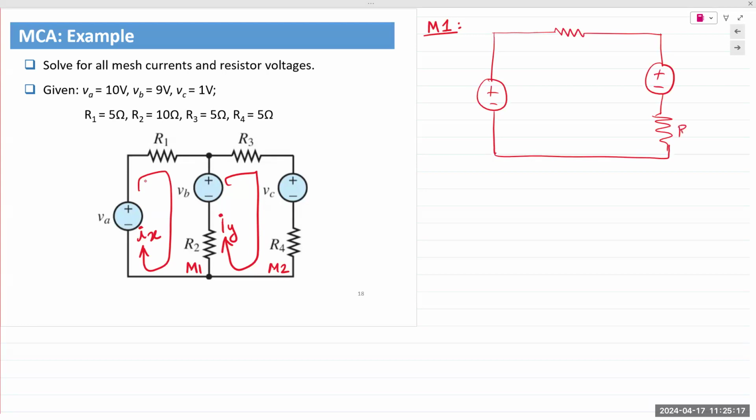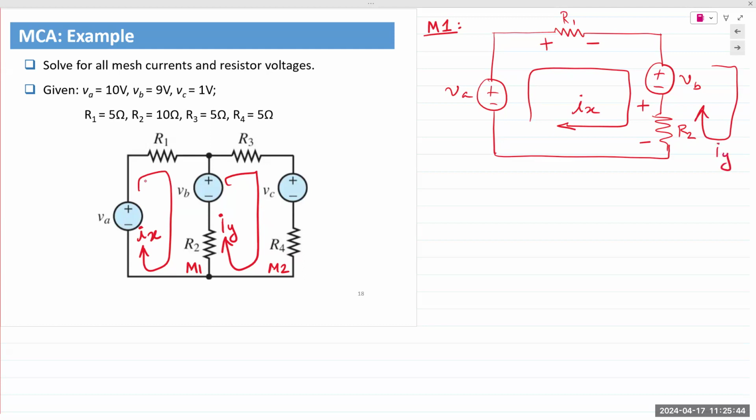Okay, this is R2, VA voltage source, VB voltage source, R1. And I have IX going in a clockwise direction, causes the voltage drop here and here. And I also have IY on the other side.